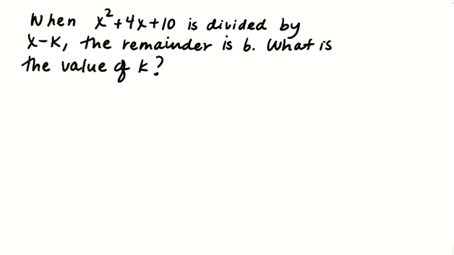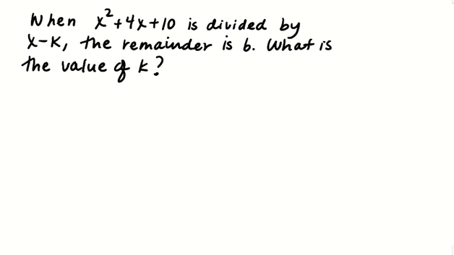All right, the last one I've got for you is kind of a backwards version of that CLEP question I was talking about. When x squared plus 4x plus 10 is divided by x minus k, the remainder is 6. What is the value of k?